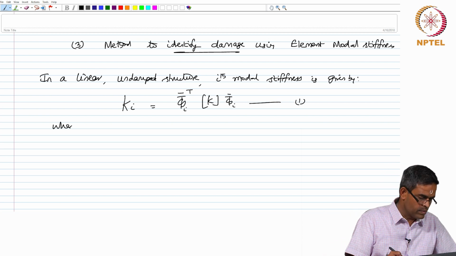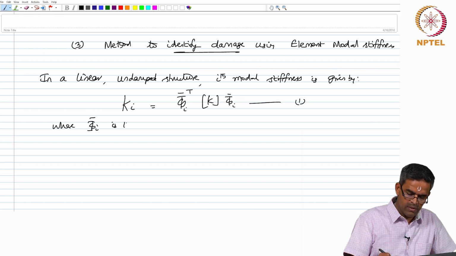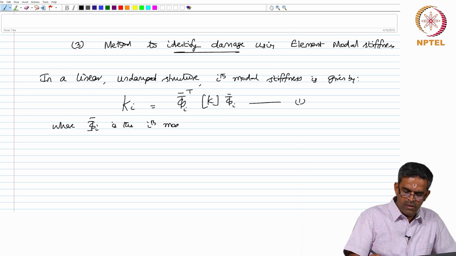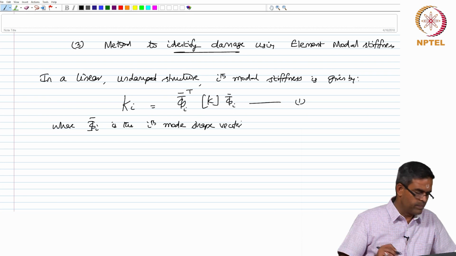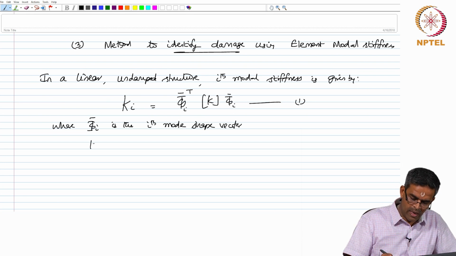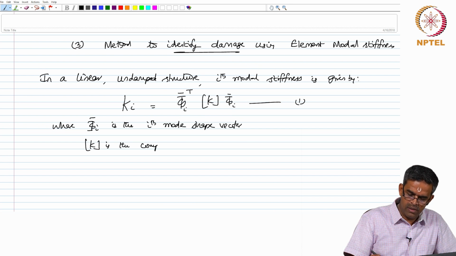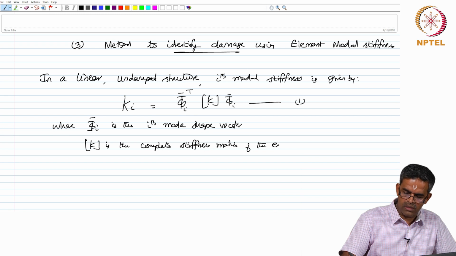where phi_i bar is the ith mode shape vector, K is the complete stiffness matrix of the entire structure.